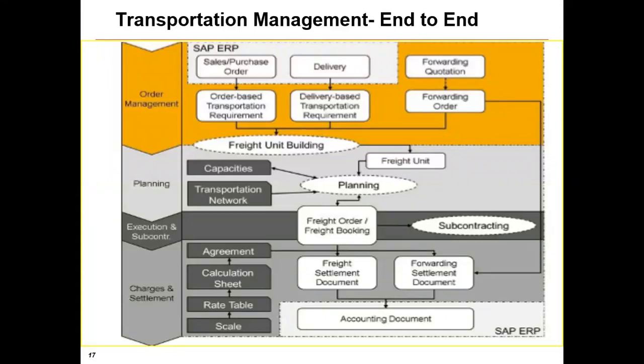Now, under freight booking, we have got two concepts of the trucks. I am going to the full-fledged TM words like FTL and LTL. In this freight booking, FTL stands for full truckload.